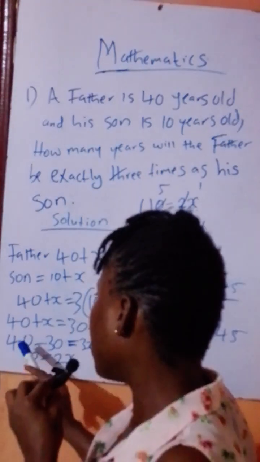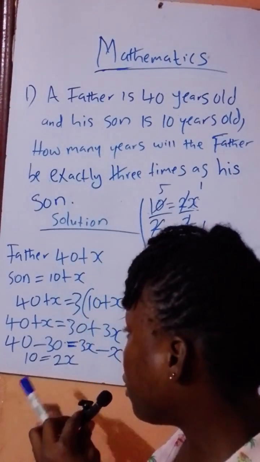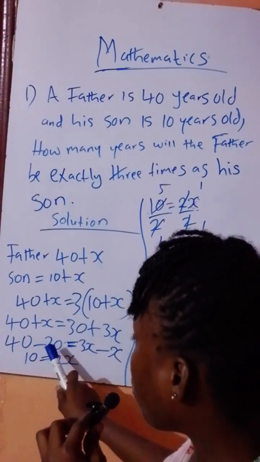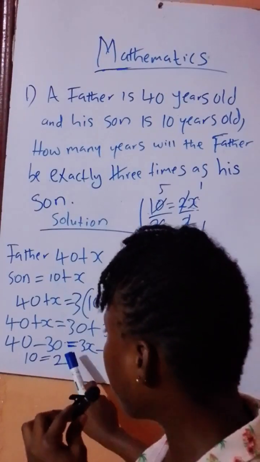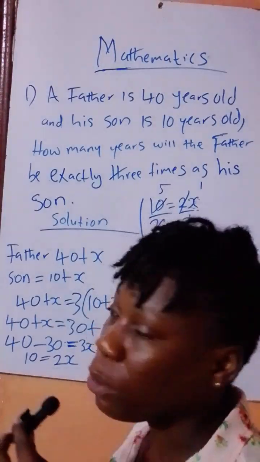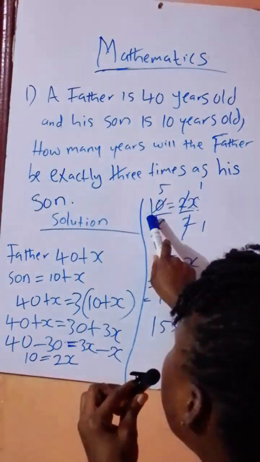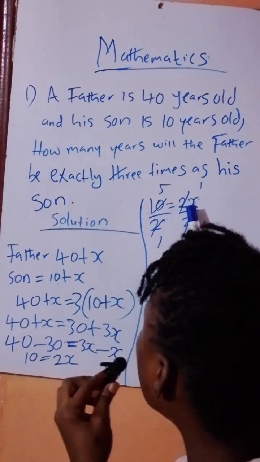Then we are left with 10 equals to 2s, because 40 minus 30 is going to give us 10. 3s minus s is going to give us 2s. We have 10 equals to 2s.